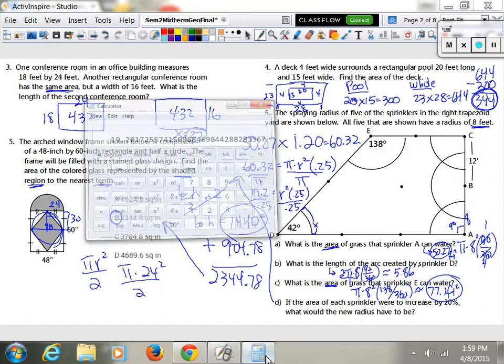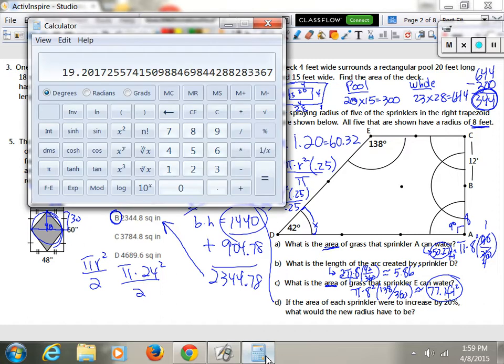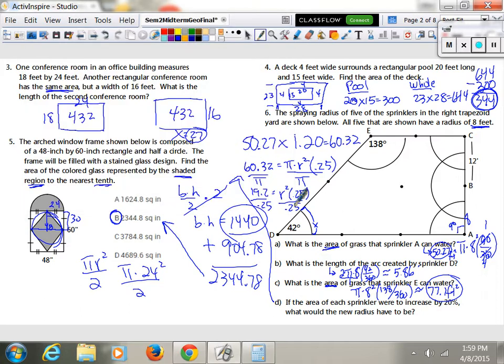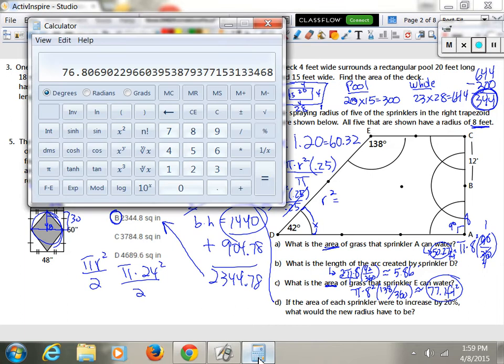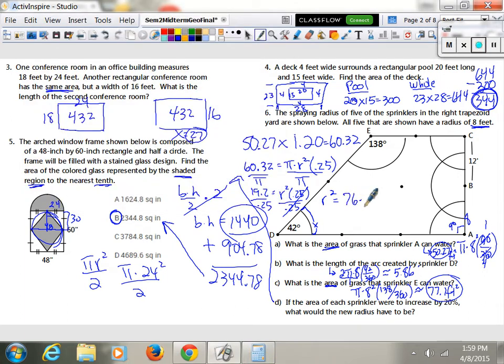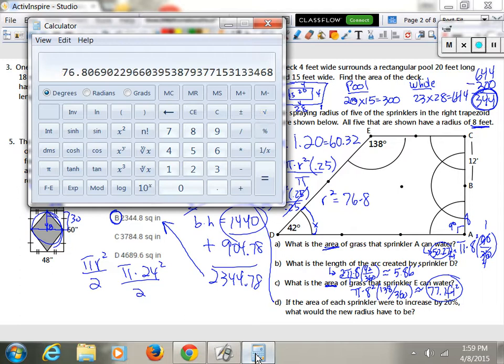So let's see what r squared is going to be. Divided by 0.25, you're going to get 76.8. So this is going to cancel. You're going to get r squared equals 76.8. We're going to do the square root of that.